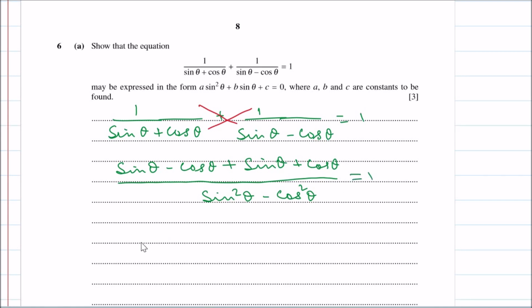Difference of squares, we multiplied here. So now we have this. Let us see the numerator. If we simplify here, minus cos theta and plus cos theta cancel out, we are left with 2 sin theta. So let me write 2 sin theta. Take the denominator to the right side. So we will write here sin square theta minus cos square theta.